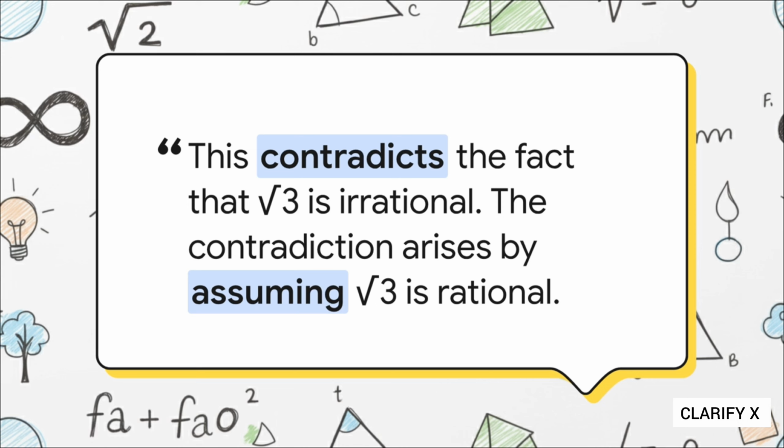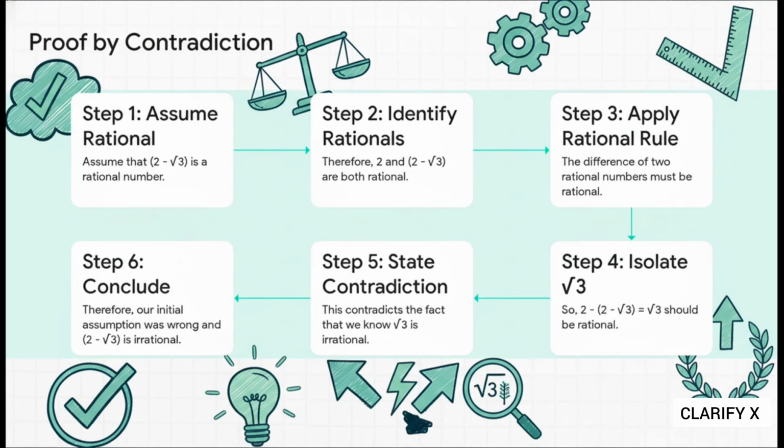You start by assuming the exact opposite of what you're trying to prove, and then you show step by step that your assumption leads to something completely impossible, a contradiction. So here's your game plan, and you're going to use it every single time. Step 1, you assume the number, in this case 2 minus root 3, is actually rational. You're playing devil's advocate.